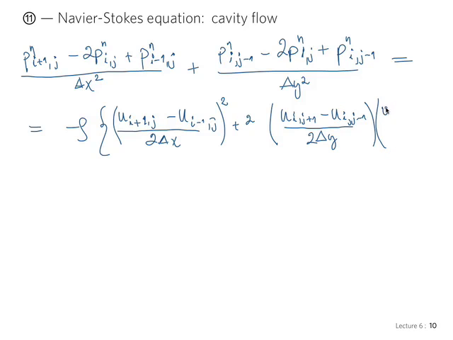So that one is v_i+1,j minus v_i-1,j divided by 2 delta x.